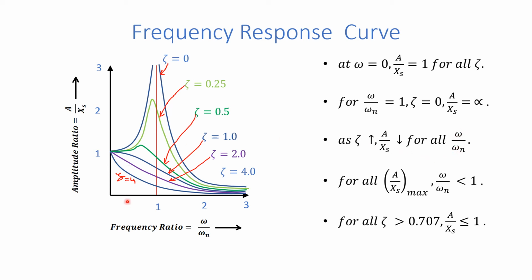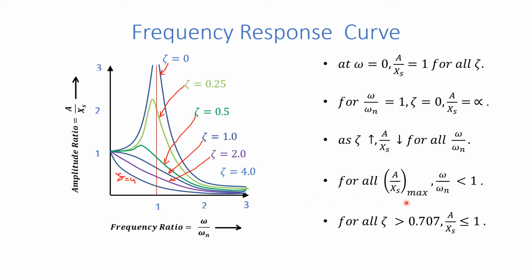Say, when omega is quite less than omega n, this is the amplitude ratio at that frequency ratio for zeta 0; for 0.25, with slight introduction of damping, it decreases, then 0.5, then 1, then 2, then 4. Even for higher frequency ratios, omega greater than natural frequency, it keeps on decreasing with the increase in damping.